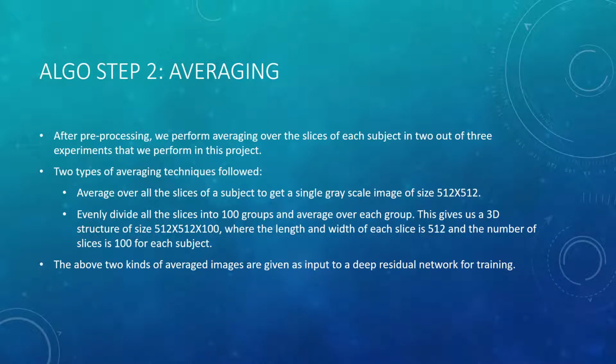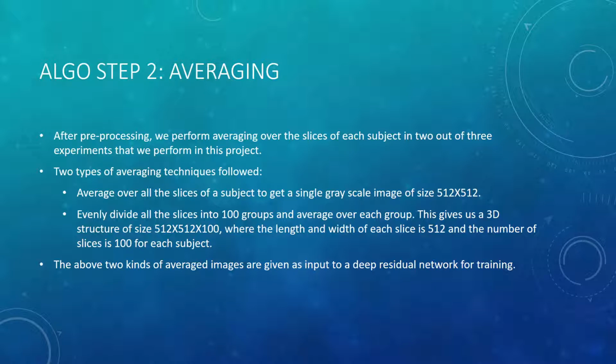The second step that we perform in 2 of the 3 experiments is averaging. So the motivation behind averaging is that each subject has a variable number of slices, and we want to ideally standardize the number of slices per subject. So we perform 2 kinds of averaging.